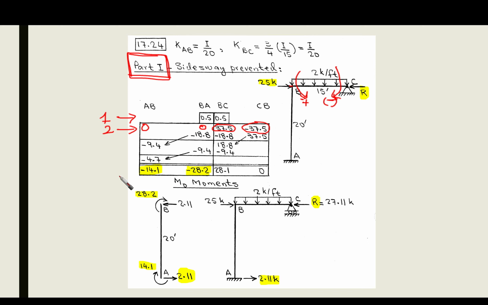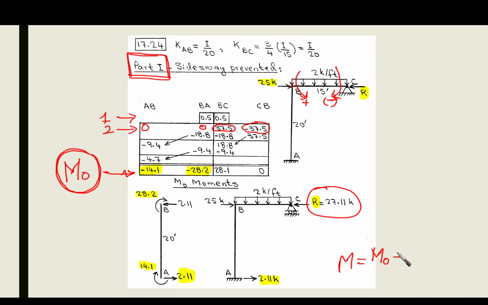We are going to use the final moment here, which we call M node, in our equation, and we are going to calculate R, which is going to be used in our final calculation. Remember our final member end moment equals M node plus R over Q times MQ.